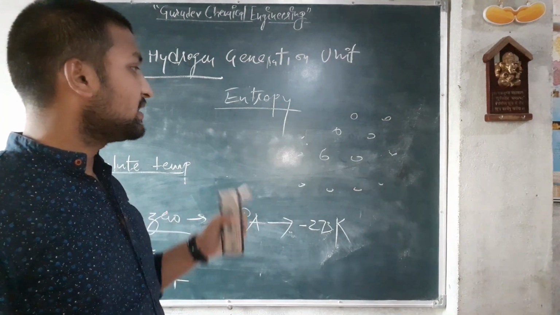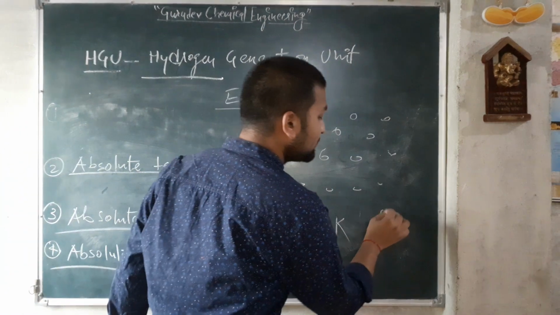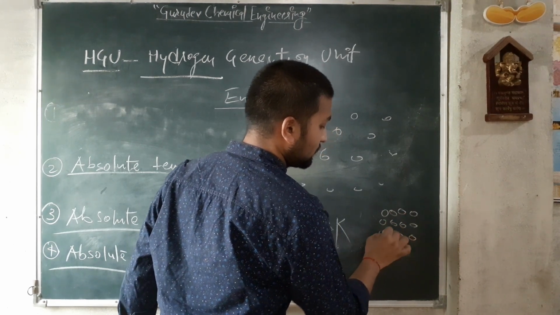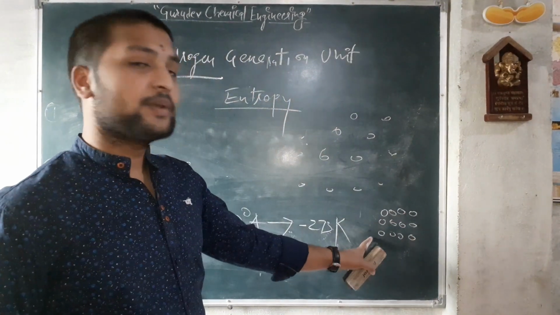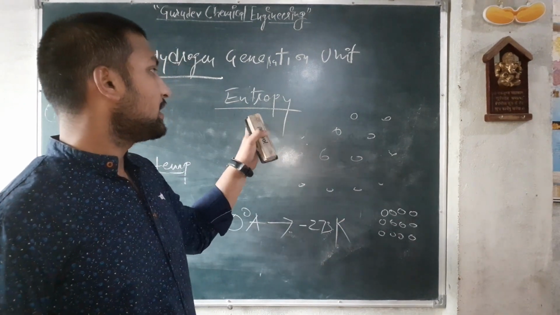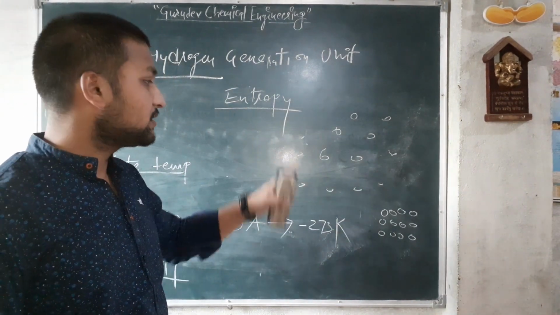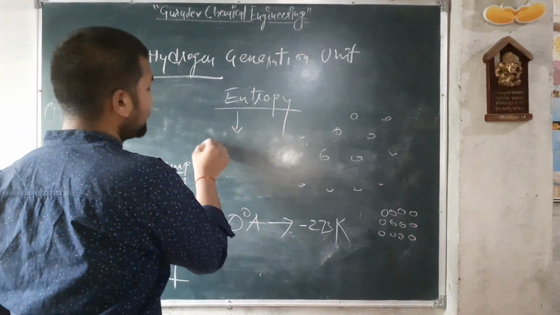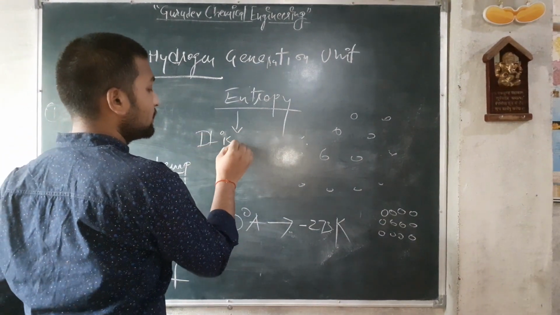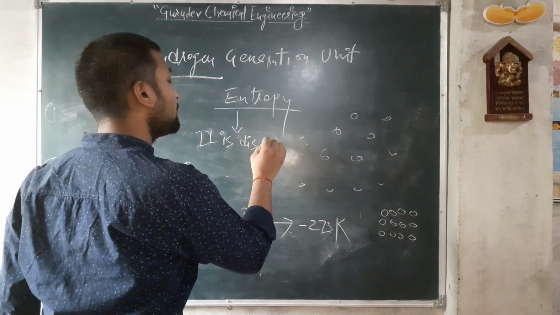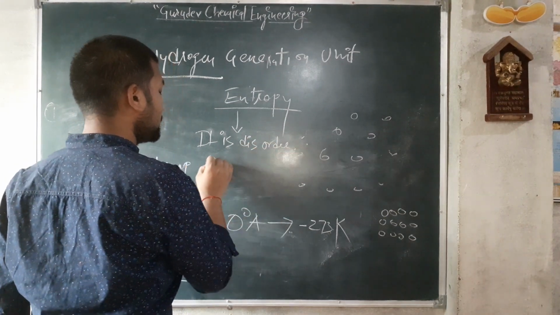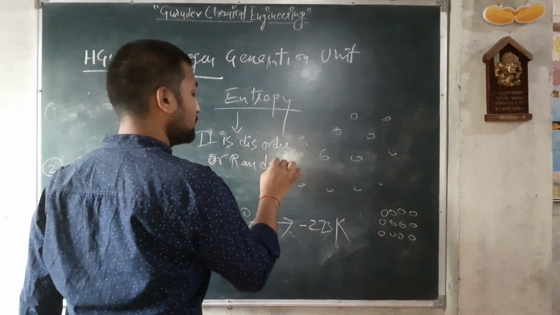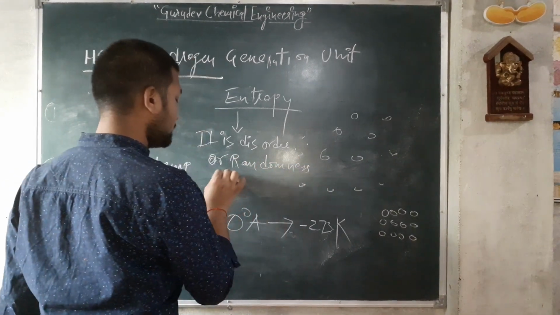If any system contains an arrangement of the molecules, then its entropy is less. So that is the entropy of the system. It is the disorder or randomness of the system.